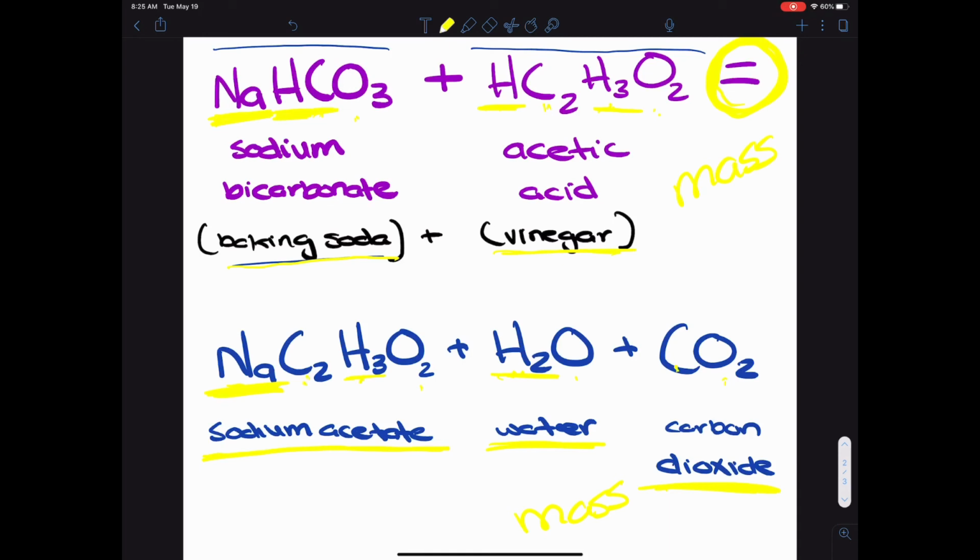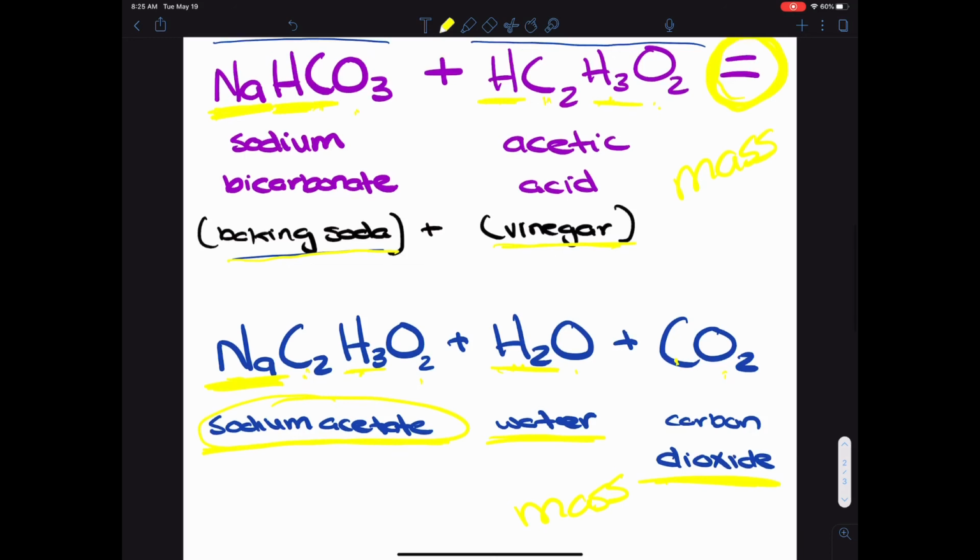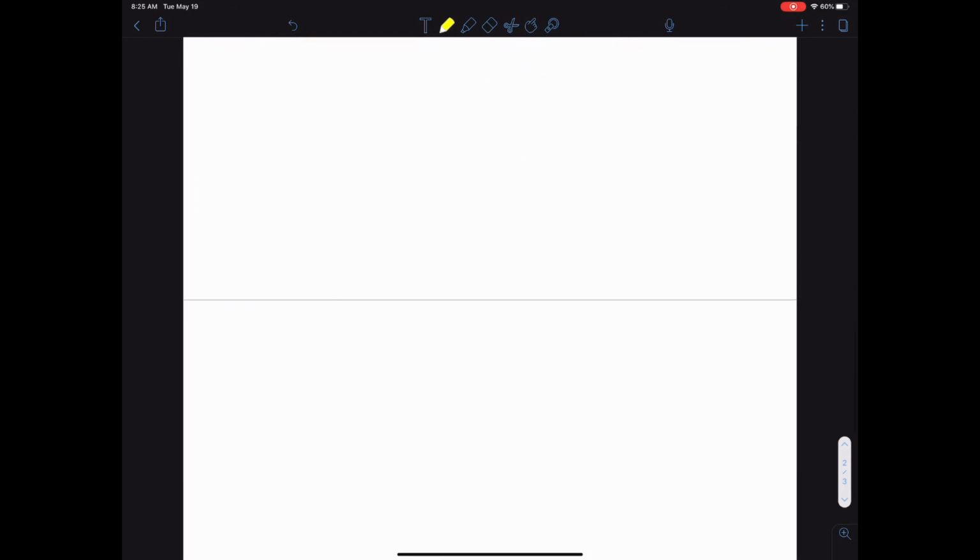So you can see that the mass is conserved and even the atoms are preserved, but the product changes. We go from sodium bicarbonate and acetic acid to sodium acetate, water, and carbon dioxide. Isn't that so cool?